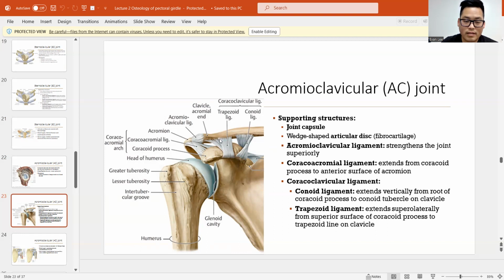That's where you're going to find these two, the trapezoid ligament and the conoid ligament. Those are going to be connected to the bottom of the clavicle from the coracoid process.